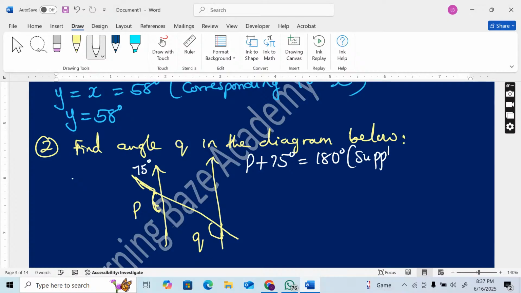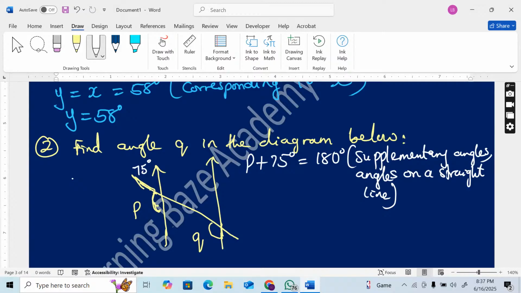Reason: supplementary angles, or angles on a straight line. So P is equal to 180 degrees minus 75 degrees. That would be 105 degrees.